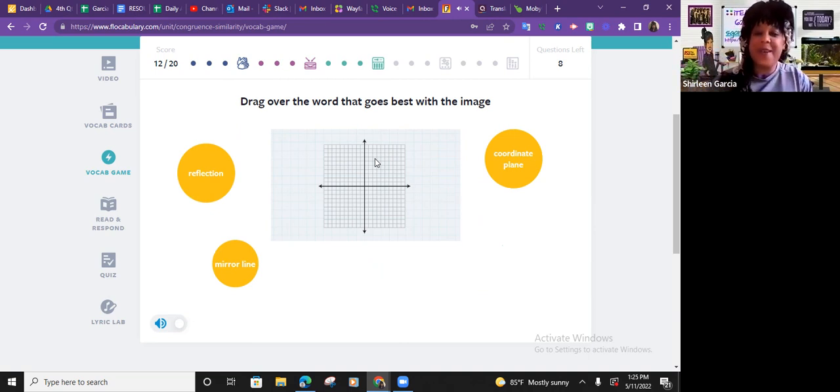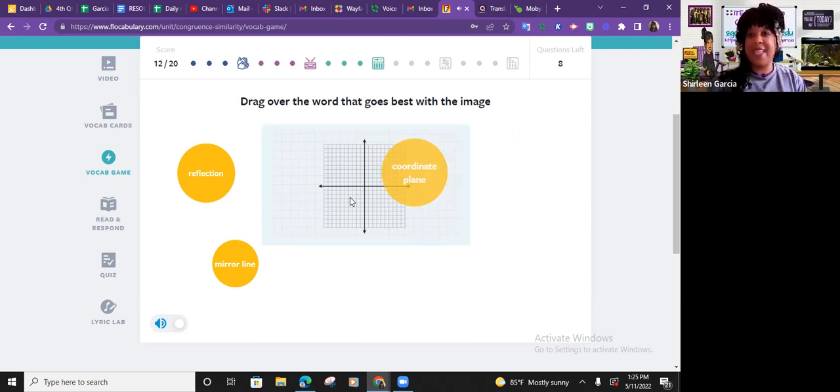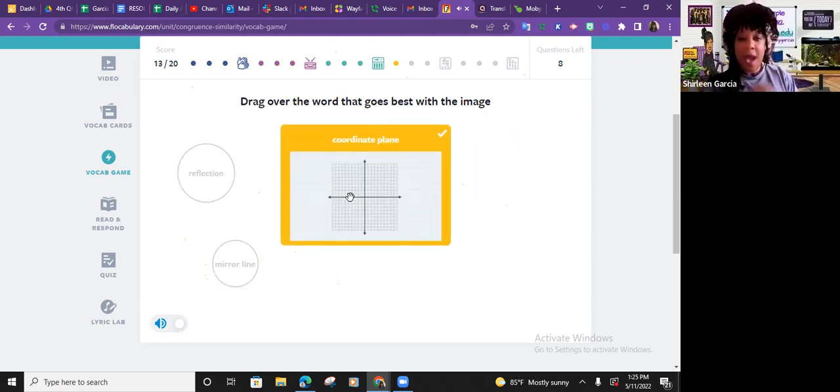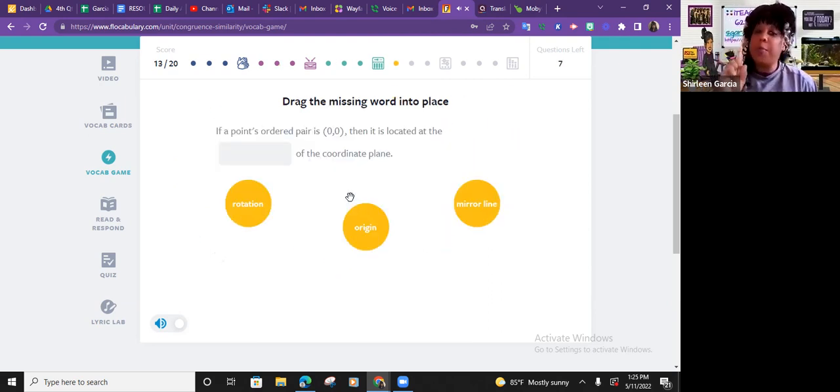All right, what is this a picture of? A reflection, a mirror line, or a coordinate plane? Yes, that is a coordinate plane. Yes, thank you guys. All right, if a point's ordered pair is 0, 0, then it is located at the blank of the coordinate plane.